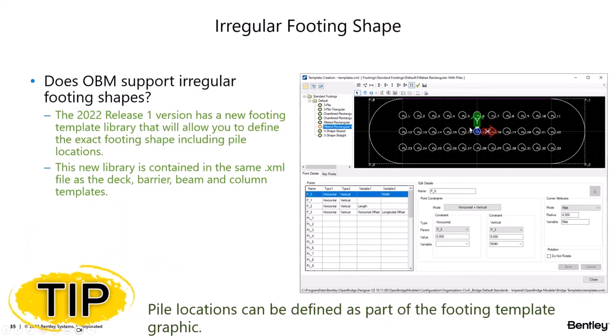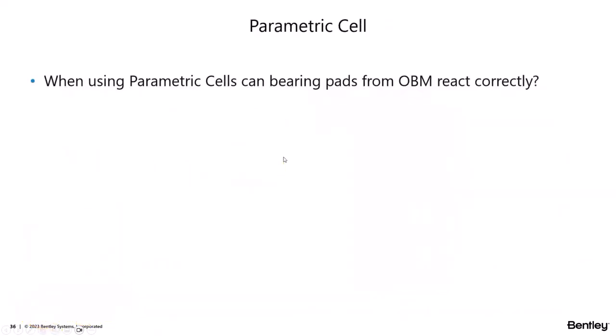You don't have to specify the type of pile at the time that you create the template. It's simply a location within the template. When you use this in a pier template, at that time you can tell it what type of pile you have, their dimensions, their batter, and all that good stuff.